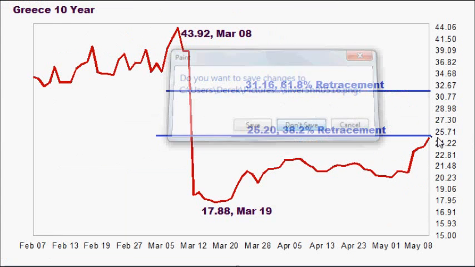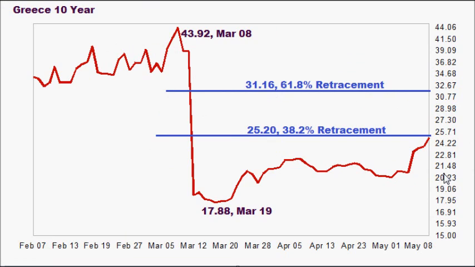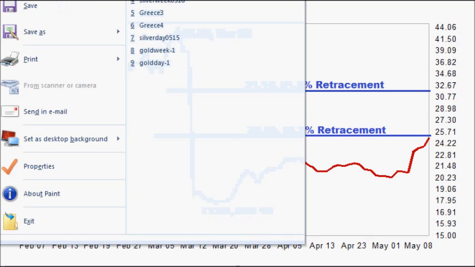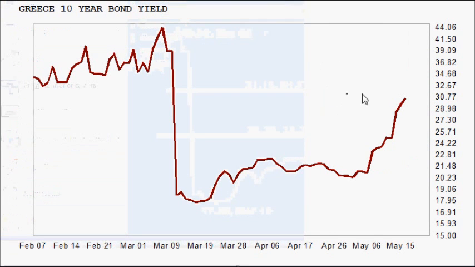Now, about a week or so ago, I was talking about the Greece 10-year. And what I stated was that after this major one-day move, bringing this down from around 40 to about 18, it was approaching the 38.2% Fibonacci, and I was stating don't be surprised if this thing is really not resistance, and if it continues to go through, it would probably be a fast move up to the next level.